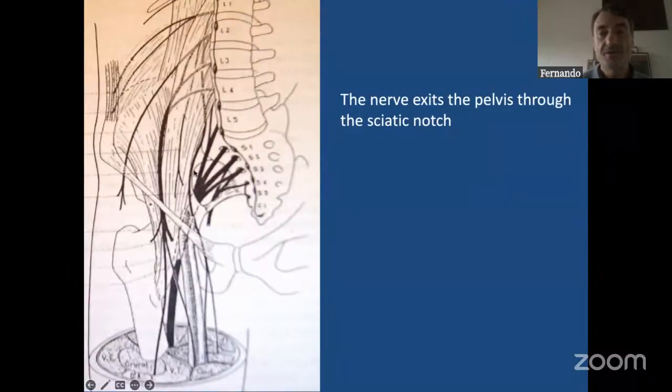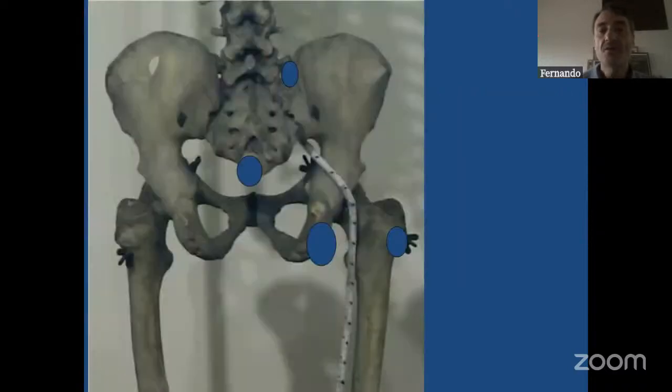After this origin in the intrapelvic region and this relationship with retrorectal and pararectal spaces, the nerve runs through the sciatic notch and goes to the gluteal region.